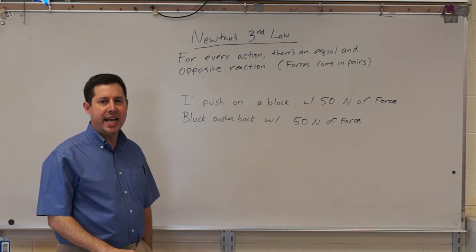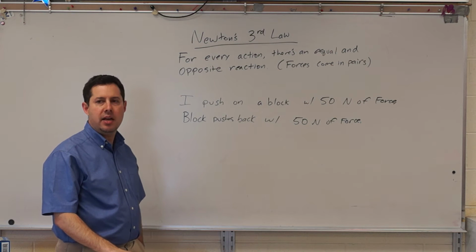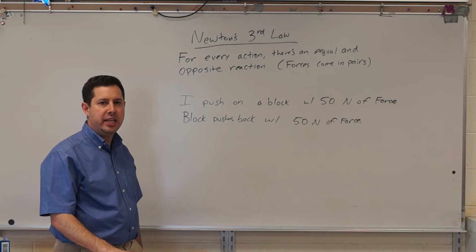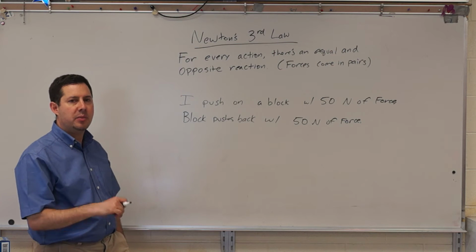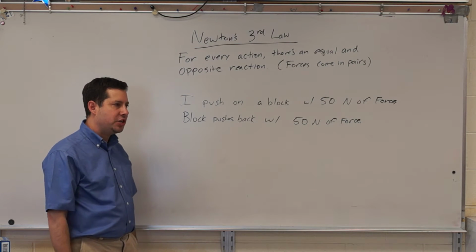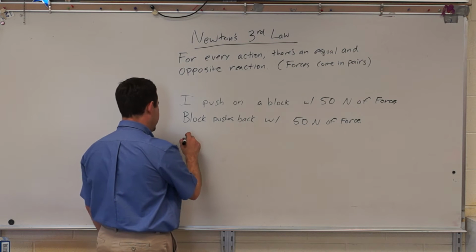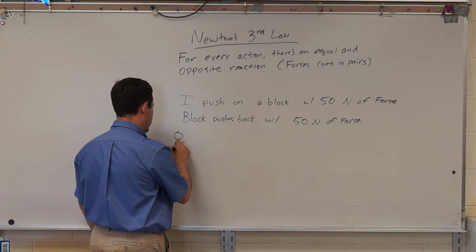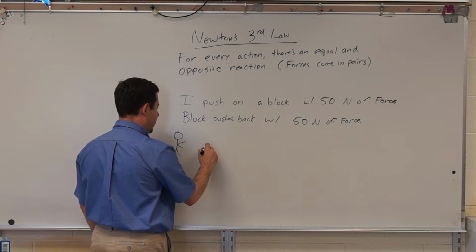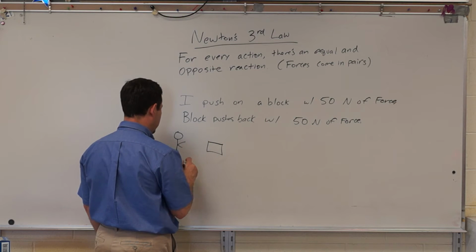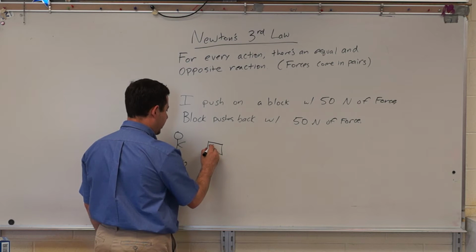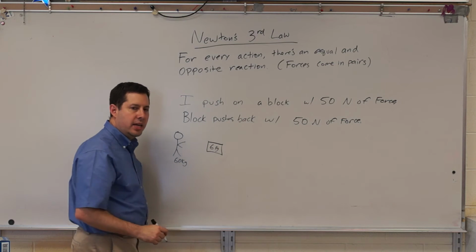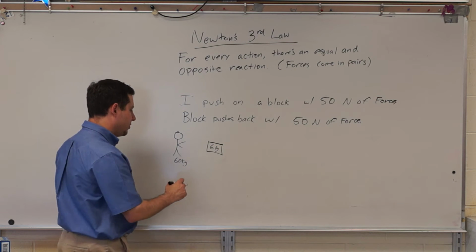So if you are looking at a problem and you figure out that it's a Newton's third law problem, it's usually pretty easy, because whatever the applied force is will be the force applied backwards in the opposite direction. If I imagine this is me, and this is the block, let's say I'm 60 kilograms and the block is 6 kilograms, right? And I want to draw free body diagrams for this.